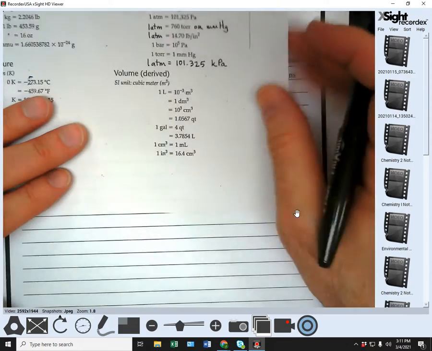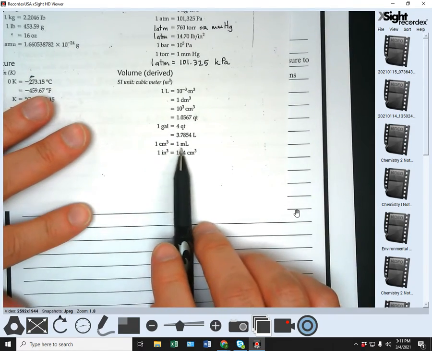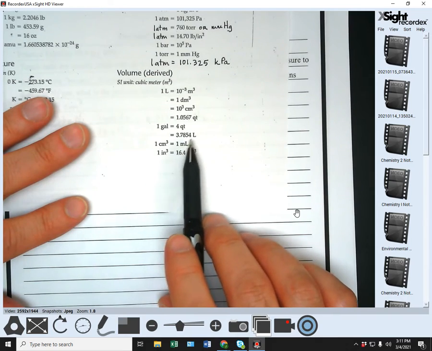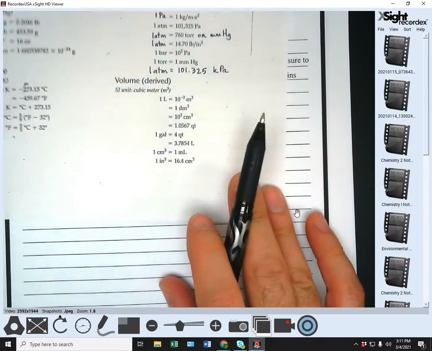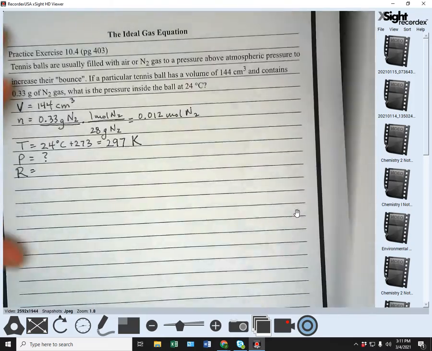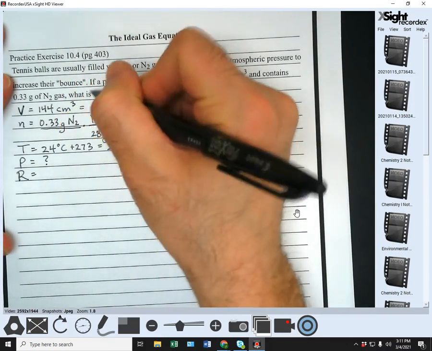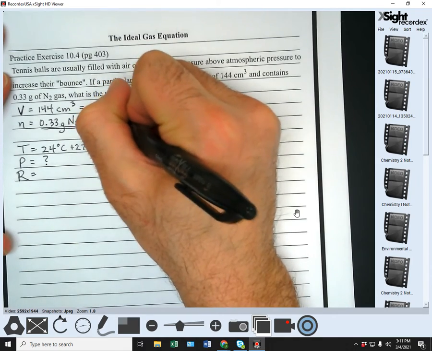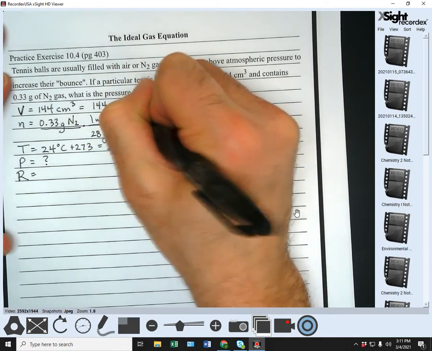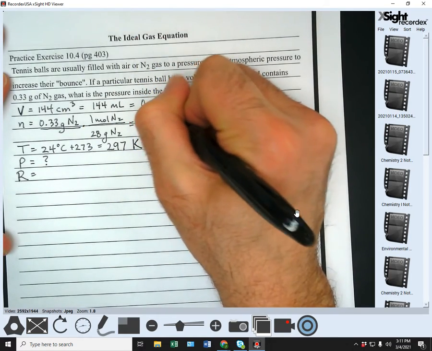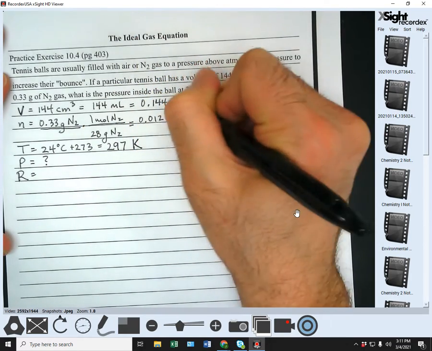We can go centimeters cubed to milliliters, and then milliliters to liters. So centimeters cubed and milliliters is the same, so it's 144 milliliters. Then I'm going to convert it to liters by moving it 3 to the left, so 0.144 liters.